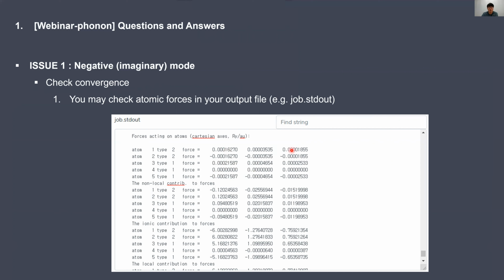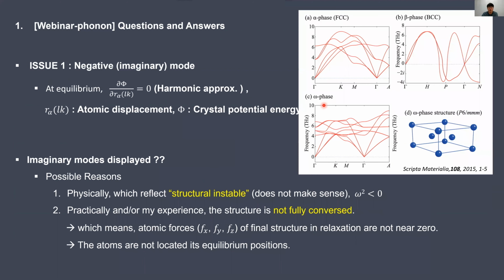But other atoms in the system are not fully converged, so you see these kinds of negative values. And you also cannot calculate the electron-phonon coefficient or other properties related to phonons. So you should very carefully check that your structure is fully converged.